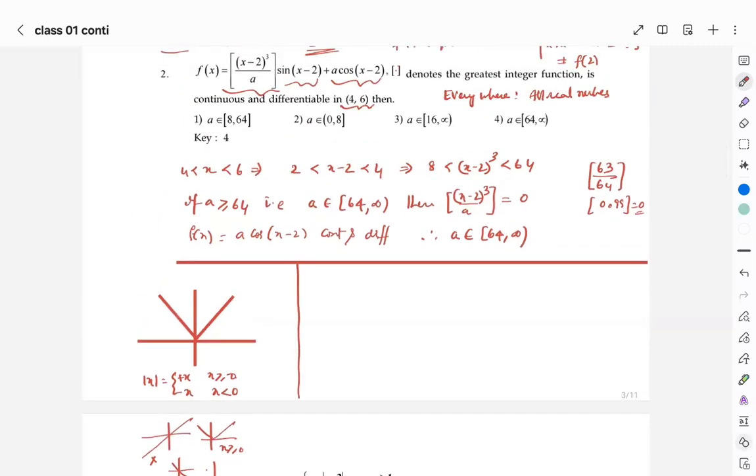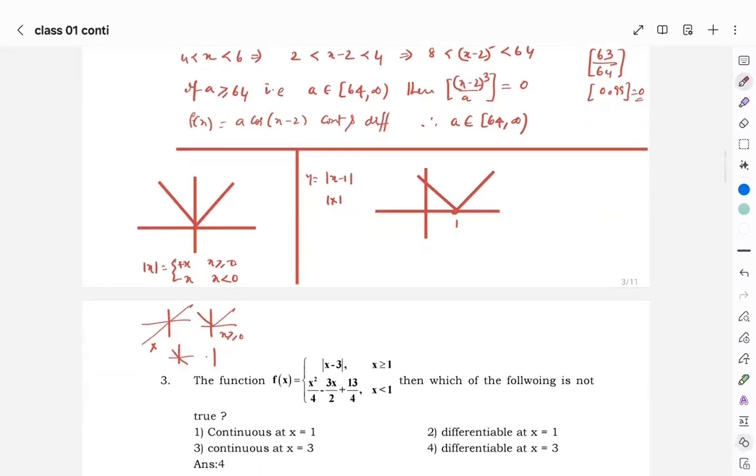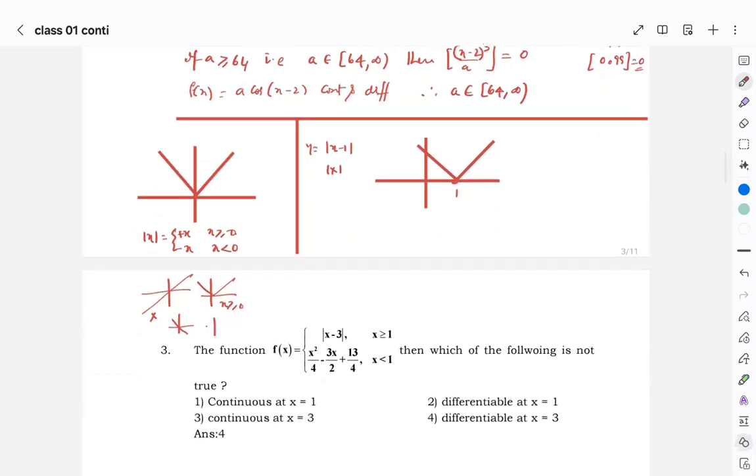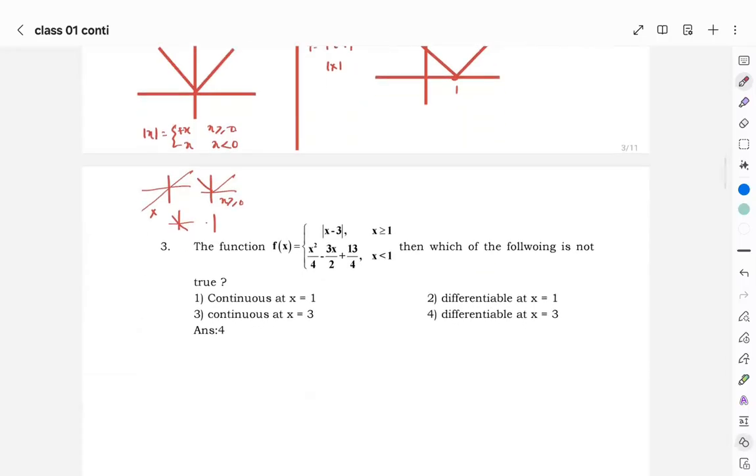So here you take mod of x minus 1. The graph will be like this, where y becomes 0 at 1. It is basically mod x. There is no change, only a shift occurs. So this will be the graph. Now look at this. Analyze this function.